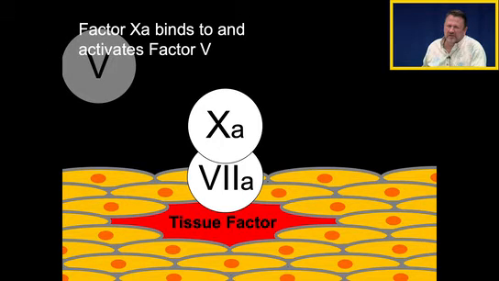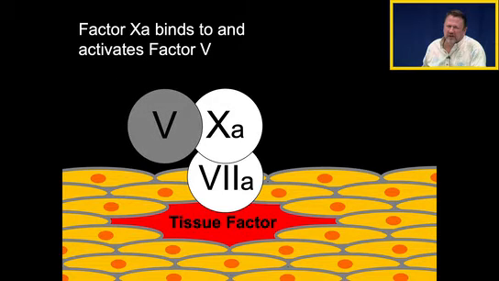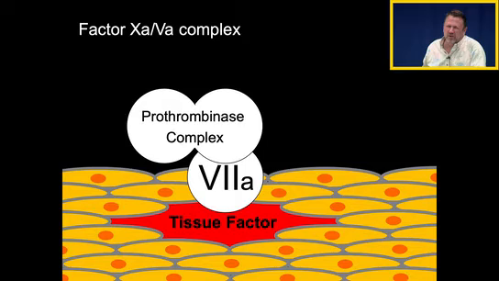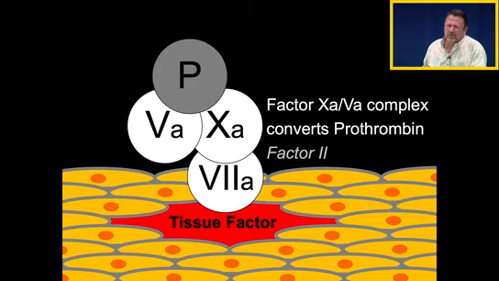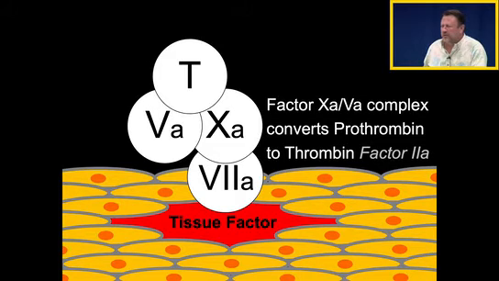All right. Factor 10A will bind to factor 5 and activate factor 5, and the combination of those will be called the prothrombinase complex. Right? And it's the prothrombinase complex that will convert prothrombin, which is known as factor 2, into thrombin, factor 2A.